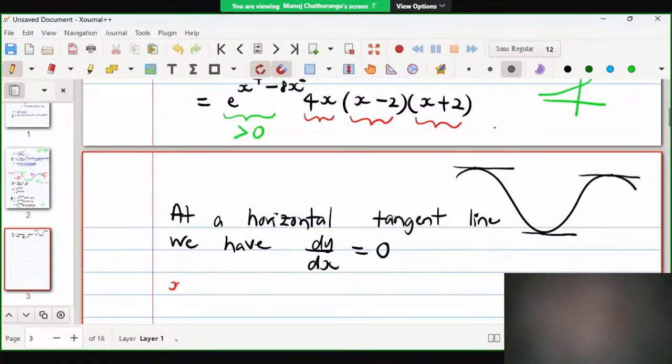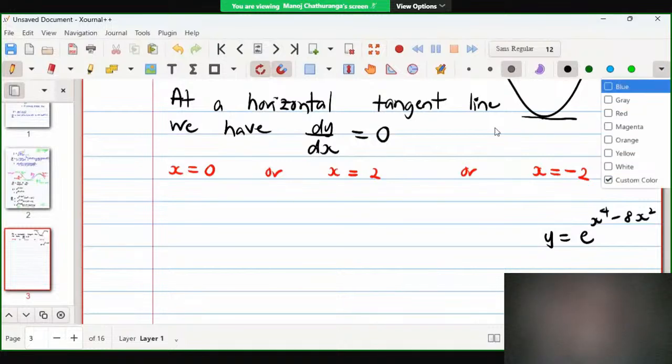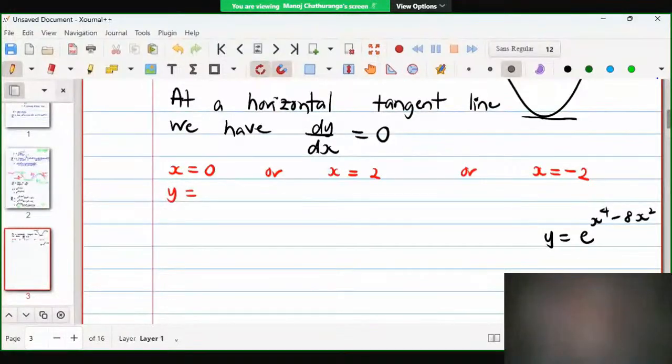So we get x equals 0 or x equals 2 or x equals negative 2. Remember, y equals e to the power x to the 4 minus 8x squared. When x equals 0, the corresponding y value is e to the power 0, which is 1.